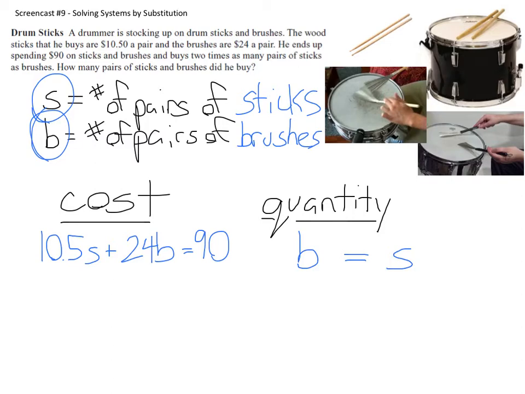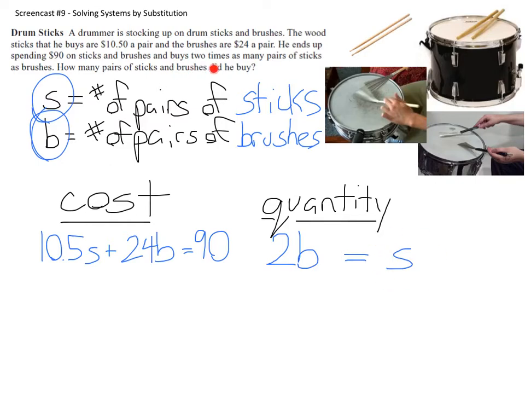Here's how I recommend you think about it further if you haven't realized it yet. Because we know there are more sticks than brushes, this number of brushes has to be a lower number than the number of sticks. Thus, we need to bring this number up so that it does equal the number of sticks. In other words, if he bought 2 times as many sticks as brushes, then 2 times the number of brushes would equal the number of sticks.